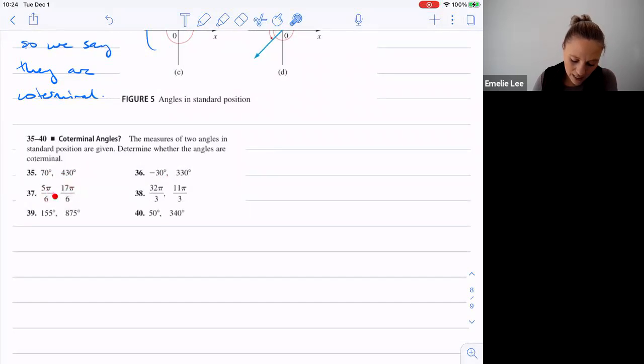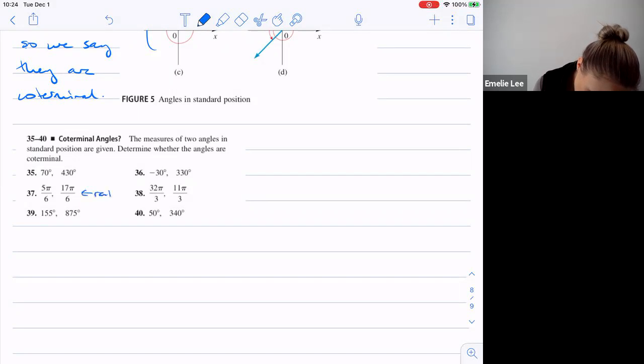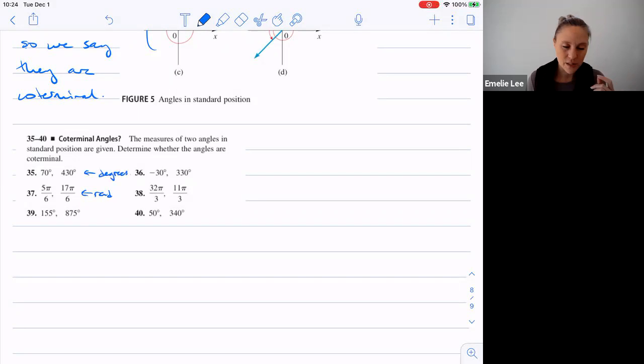Whereas if you've got a pi or just a flat number, no units, then you're working in radians. So here you're in radians, here you're in degrees. Especially if I asked you to take the sine of each of these, you would have to change your mode on your calculator from degrees to radians and back and forth, right?